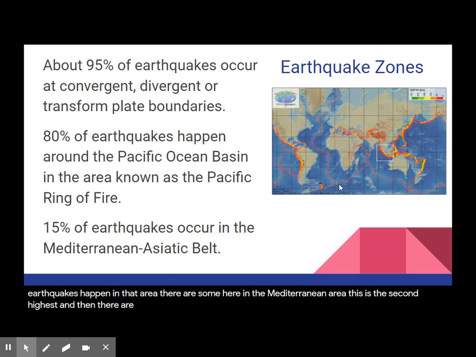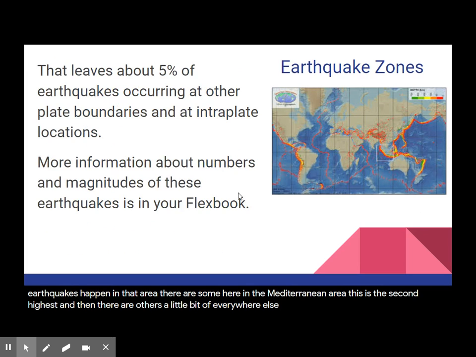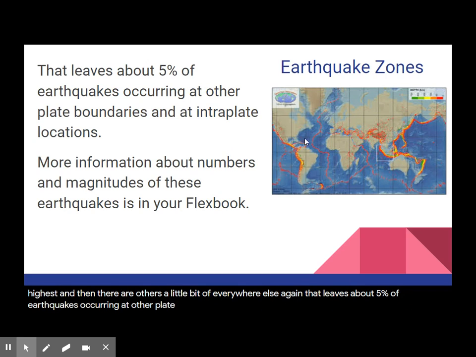And then there are others a little bit of everywhere else. But again, that leaves about 5% of earthquakes occurring at other plate boundaries, like here, or at intraplate locations. There are a few that occur like in this area, and you notice there are some over here.